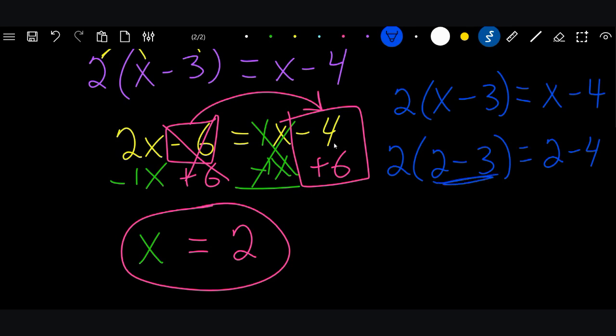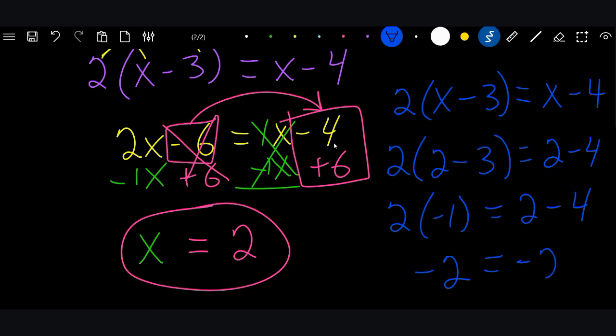We can do the parentheses first, or we could distribute. We'll get the same answer. We showed you that before. We'll do inside the parentheses first. What's 2 minus 3? Negative 1. So 2 times negative 1 equals 2 minus 4. What is 2 times negative 1? It's negative 2 equals 2 minus 4, which is negative 2.